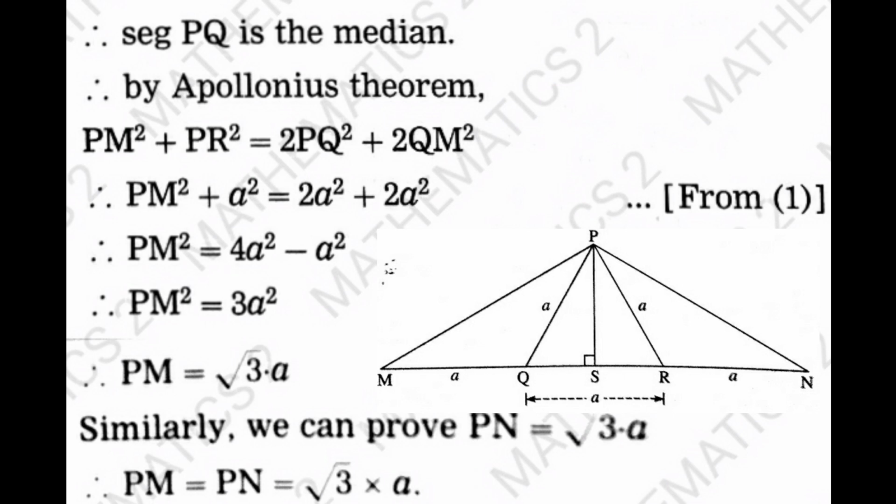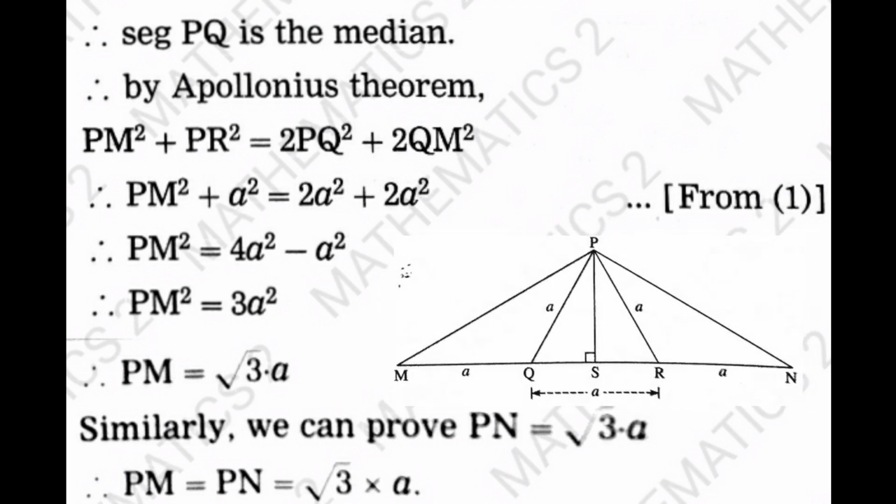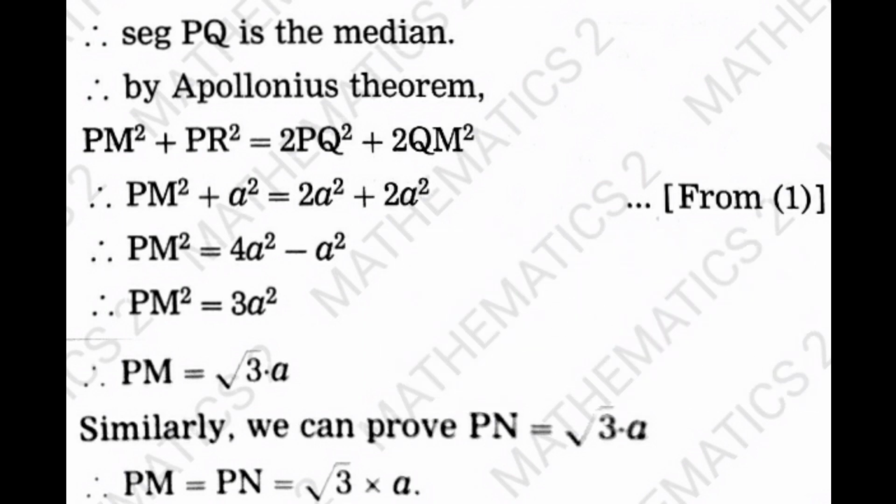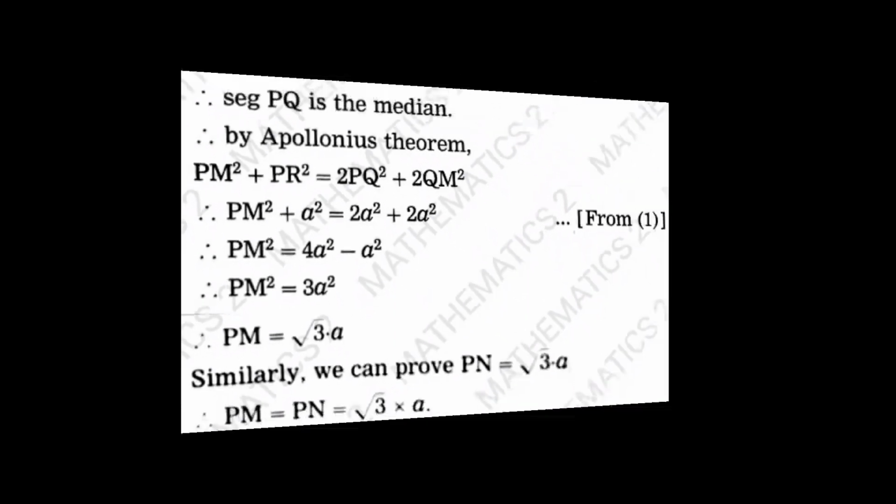Taking square root, I will get PM is equal to root 3 into A. Similarly, we will prove PN is equal to root 3 into A using triangle PQN, and therefore PM is equal to PN is equal to root 3 into A.